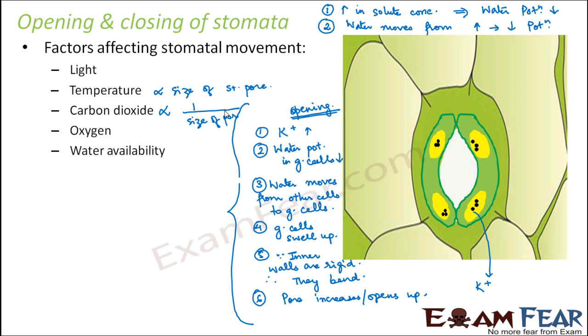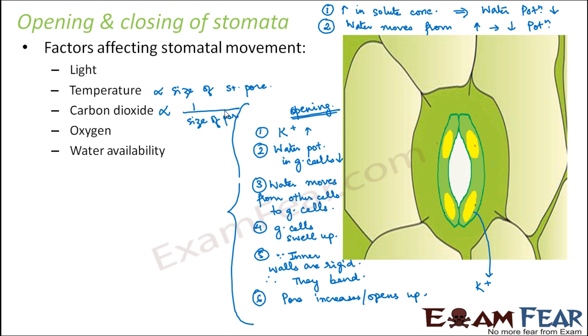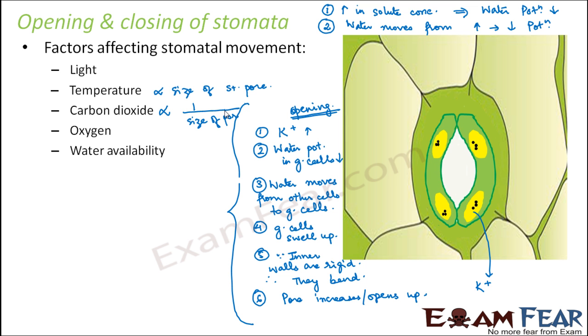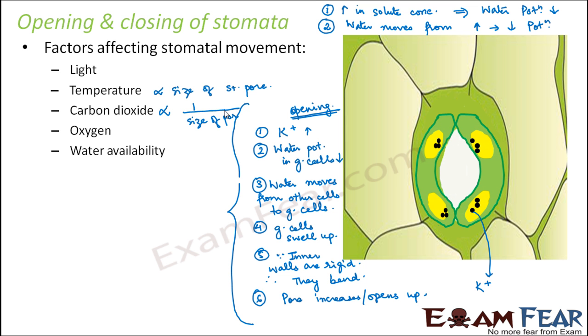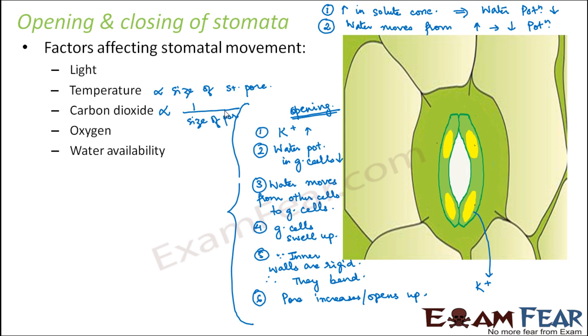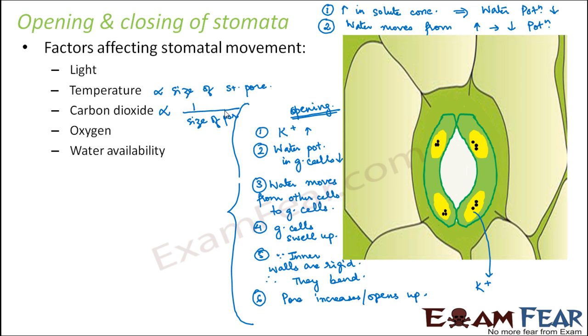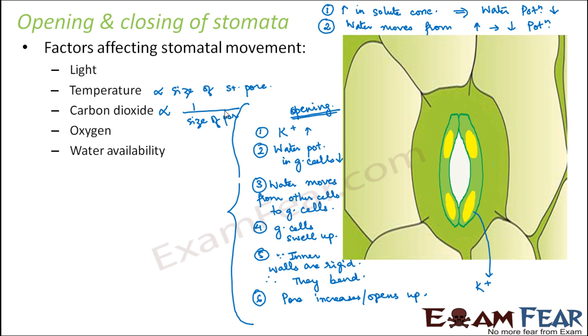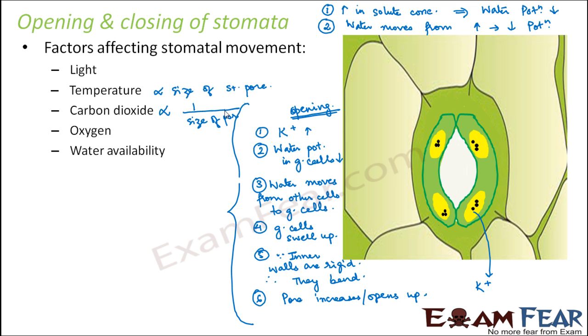Next is water availability. There might be certain areas or certain seasons where there is less water available to the plant, or there is a high transpiration rate. In that case also the stomata closes up, because as I said, one of the important challenges in the life of every living organism, including plants, is dehydration. So water should not be lost to a large extent.